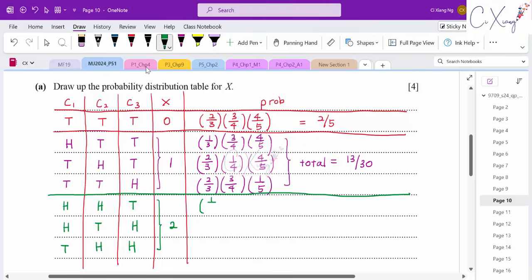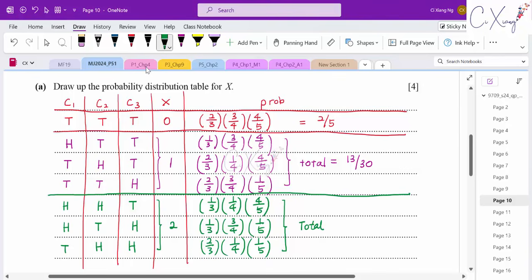Head, head, tail: 1 over 3, 1 over 4, then 4 over 5. The same thing happened for the other cases: 1 over 3, then 3 over 4, 1 over 5. Then 2 over 3, 1 over 4, and also 1 over 5. Again, simplify all the answers here and add them together for all 3 cases. Your total should be 3 over 20.